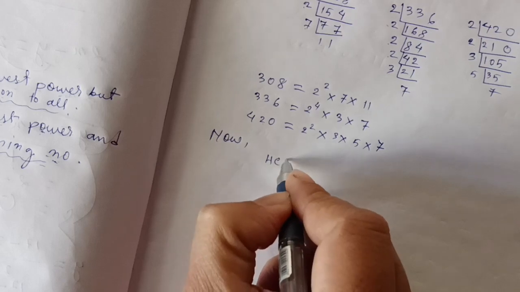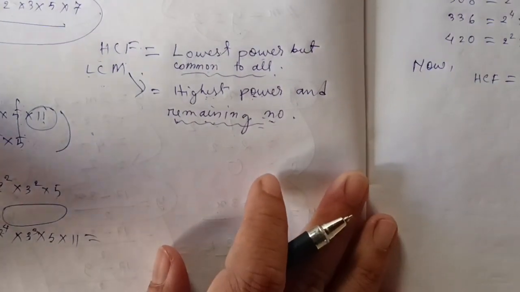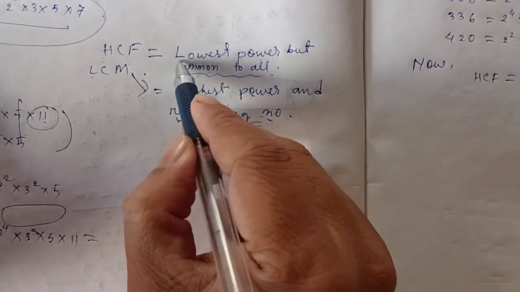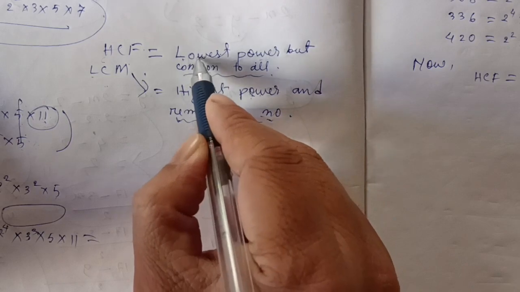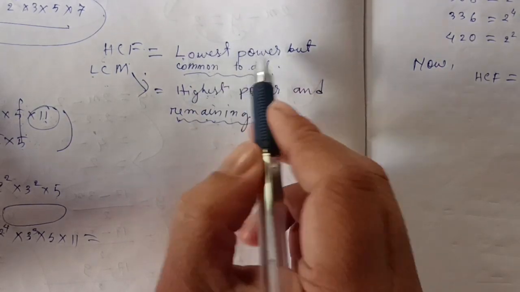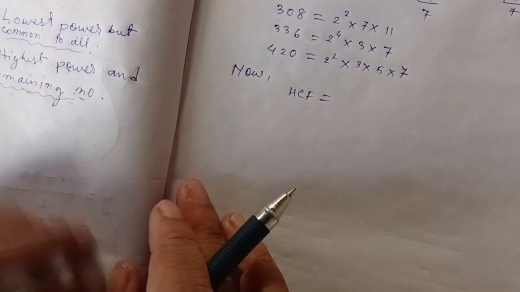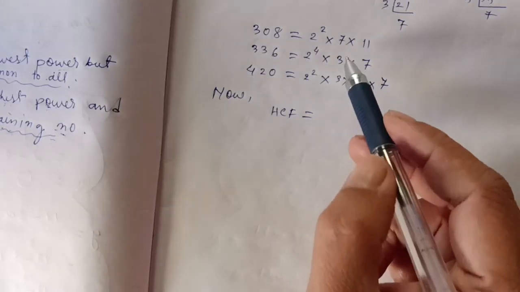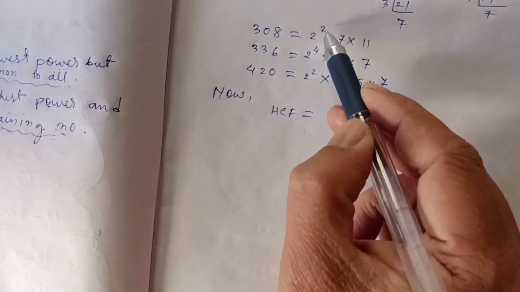Now first let us find out HCF. Before we find out, remember this one. For HCF, we need to select the lowest power, but common to all. Now let us see for this 2 series.